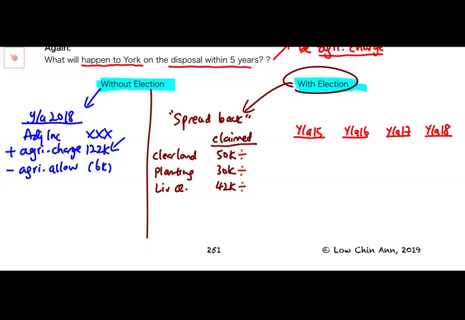The trick, or the slightly different one, is the last one. Living quarter, divide by what? I'm not sure if this crossed your mind. Some of you will say, divide by 3.5. You say, why 3.5? Because in the last year you only claimed half the year. No. The law never asks you to do a time apportionment.